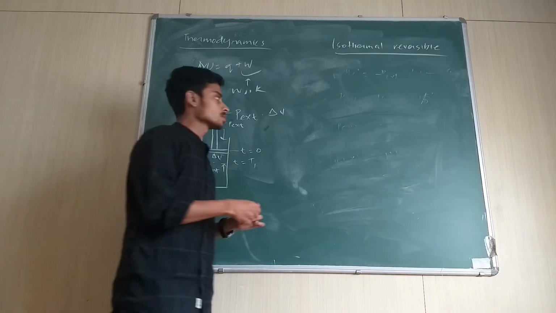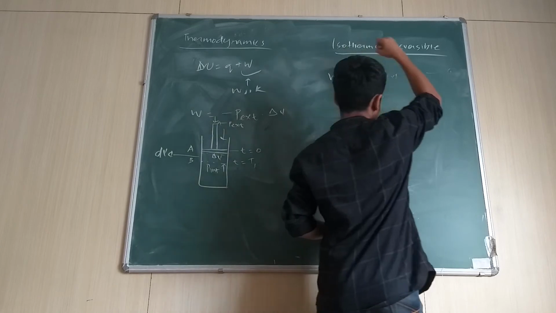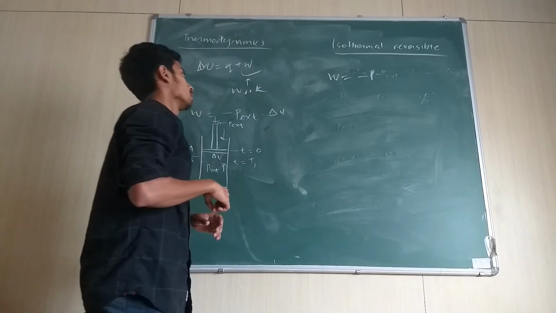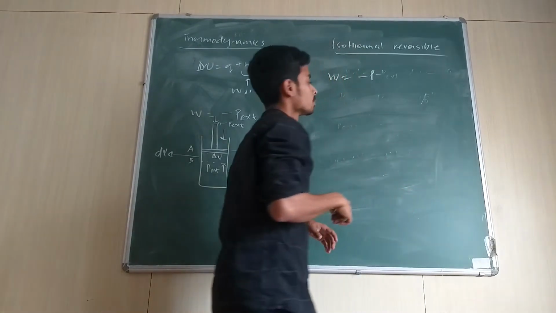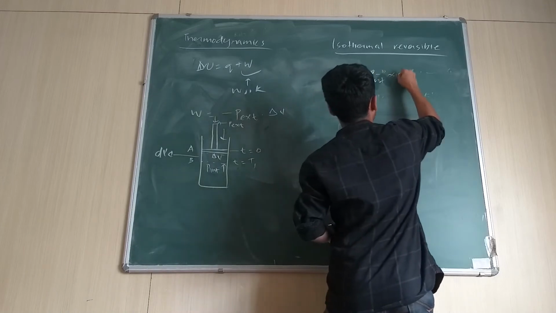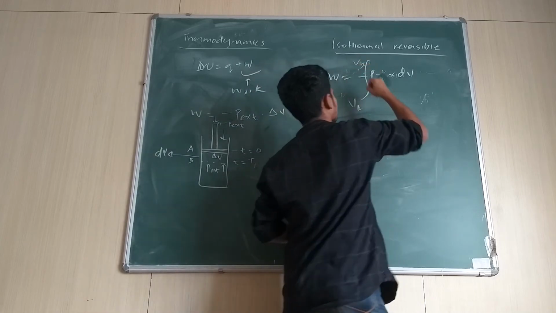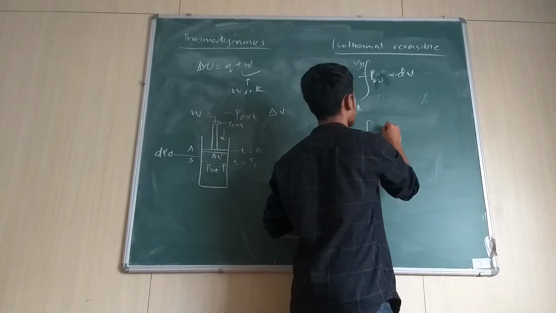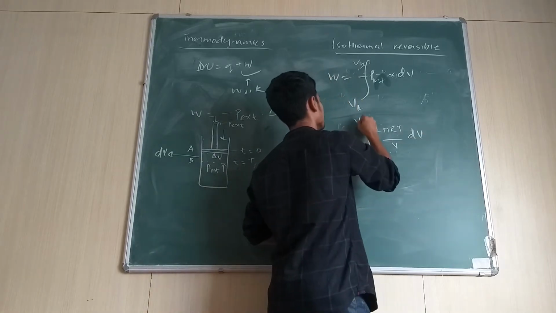Now from the previous equation we had W equal to minus of P external, which is P internal, into dV, integrated from VA to VB. Now we had another formulation for P internal, we use it. So we use minus of nRT by V dV from VA to VB.